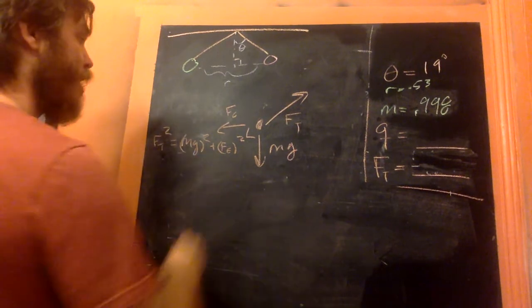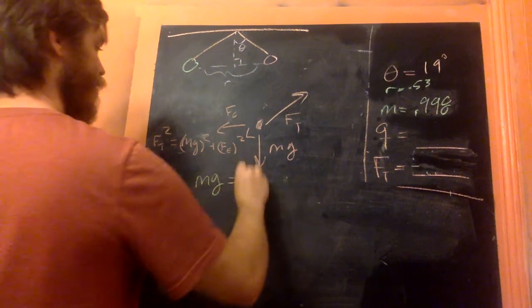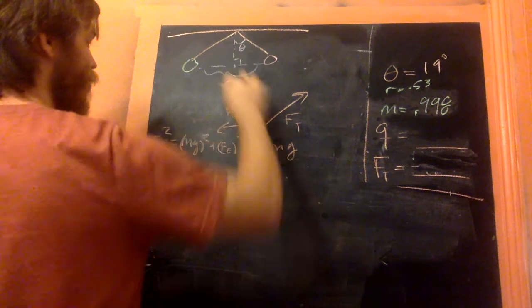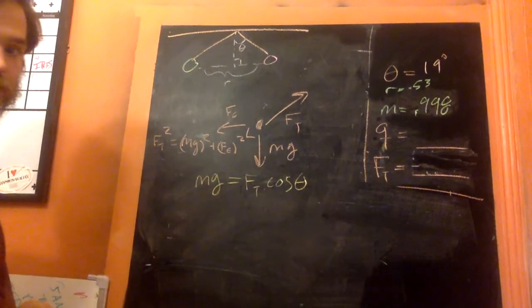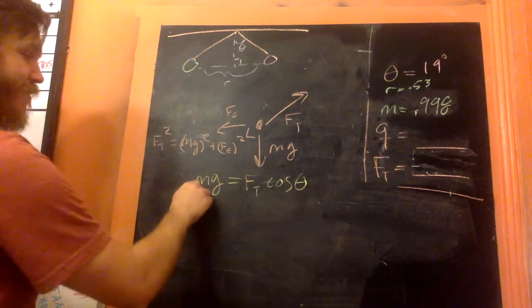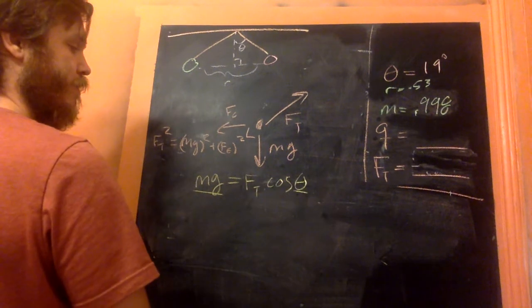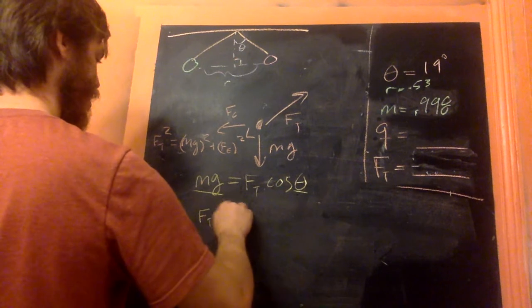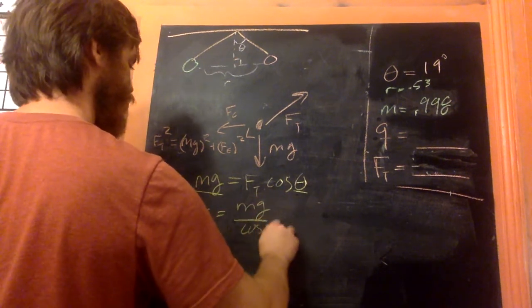So solving, we have mg must be equal to Ft times, and this is the downward component, cosine of theta. Well, we have m and g, and we have theta, so now we're given Ft. So Ft is then equal to mg over cosine theta, and we know that.